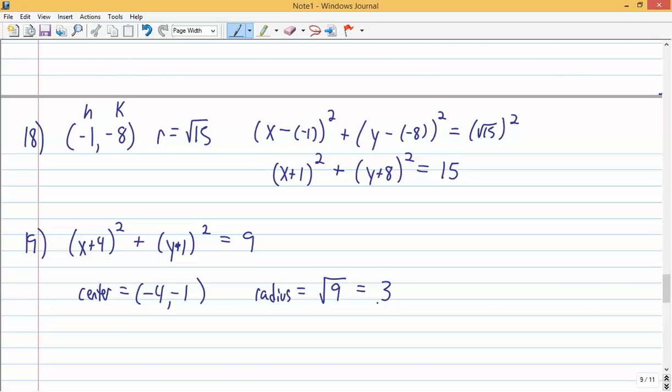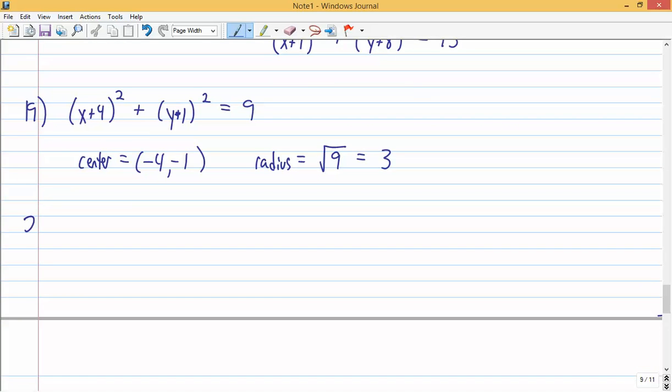The last problem on the test says graph the equation. Alright, so we have x minus 2 squared plus y minus 5 squared equals 9.